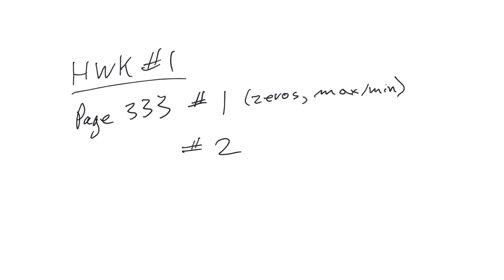You need to find the max. Tell me if it's a max or a min. You also need to tell me the y-intercept. You also need to tell me the y value for the max or min.